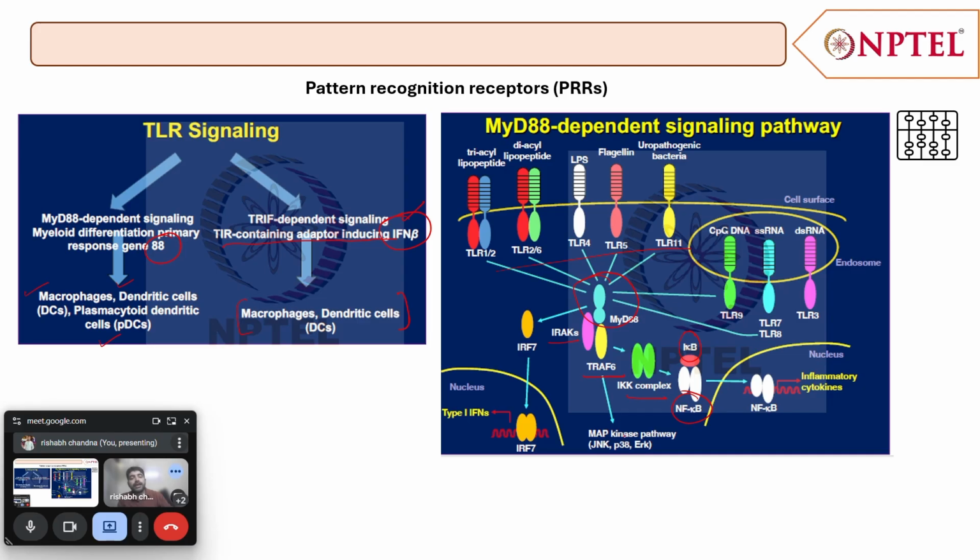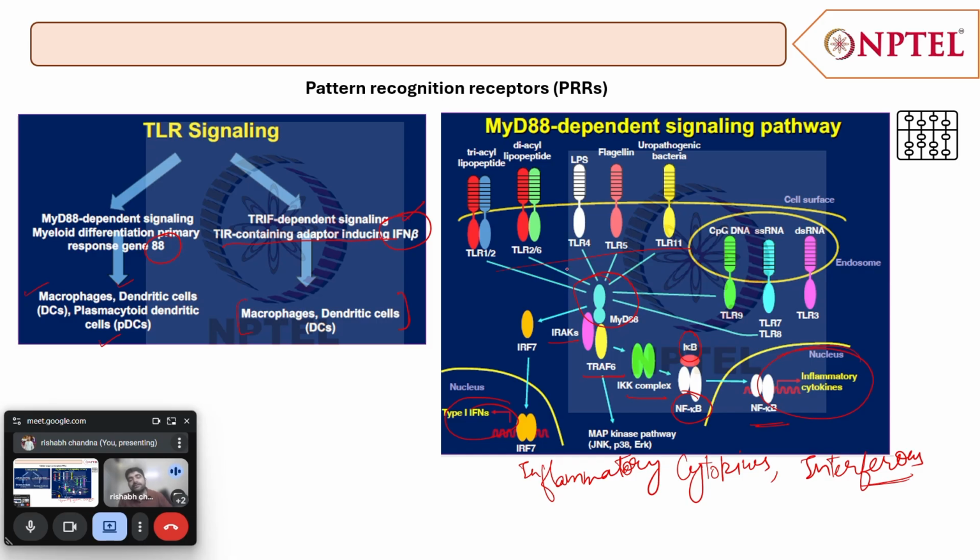So these actually induce the production of type 1 IFN and inflammatory cytokines from the NF kappa B. This is the function of the production of the inflammatory cytokines and the interferons for the antiviral activity.